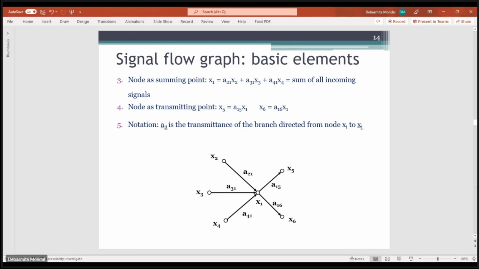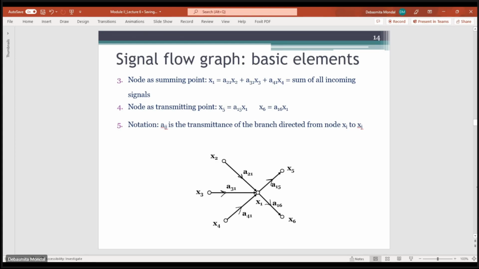Now if you want to find the value of the variable at node x1, there are 3 incoming signals: one from x2, one from x3 and another from x4. x5 and x6 are outgoing signals, so we are not interested in those right now.